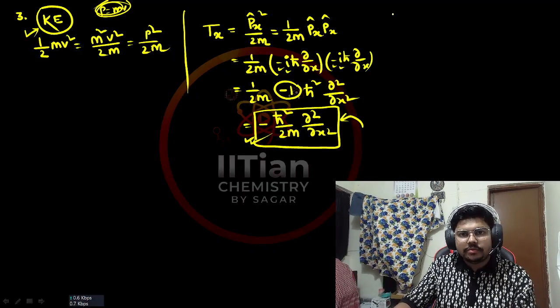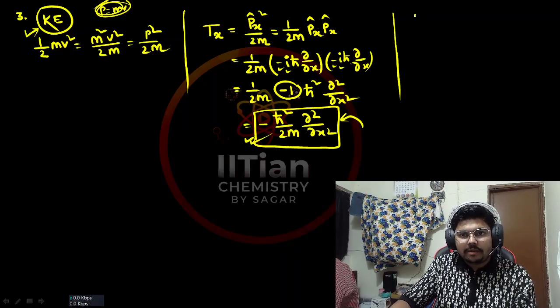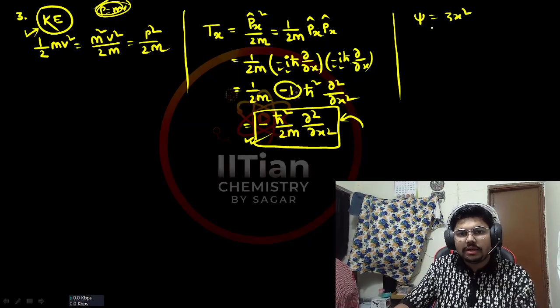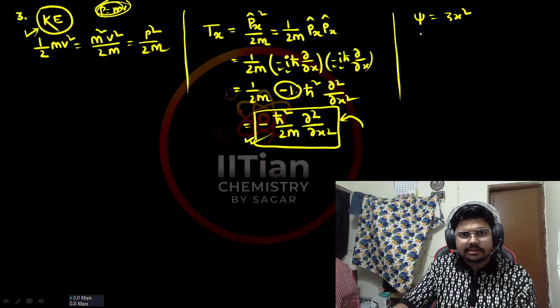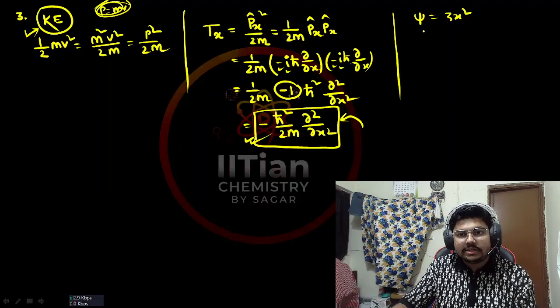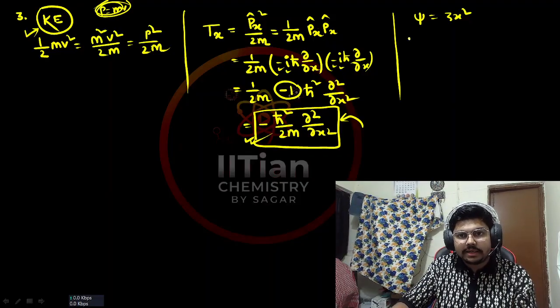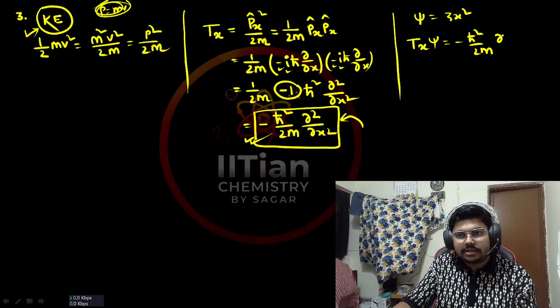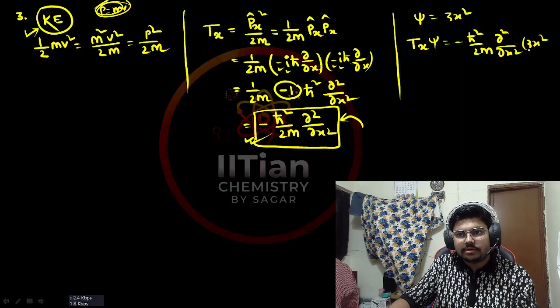And how do we use it? For example, our function psi is 3x square. Then how do we get the kinetic energy of a quantum mechanical particle? We just operate T on psi, equals minus h cross square by 2m del 2 del x2 of 3x square.